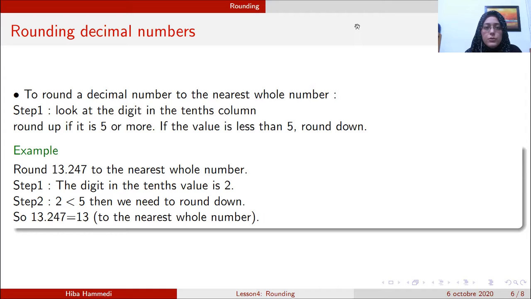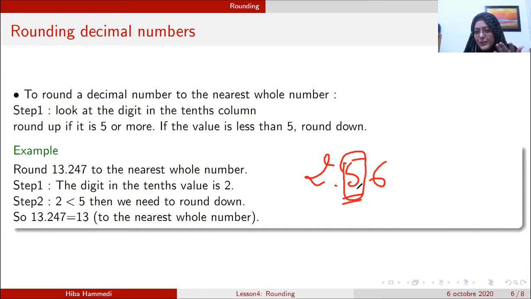Imagine I would like to round this number. I will give you another example. Imagine I would like to round 2.56, right? I want to round it to the nearest whole number. Well, just look at the tenths here. So the value of the tenths is 5. And compare 5 to 5, yeah. 5 is equal to 5. So since it's equal to 5, I need to round up.